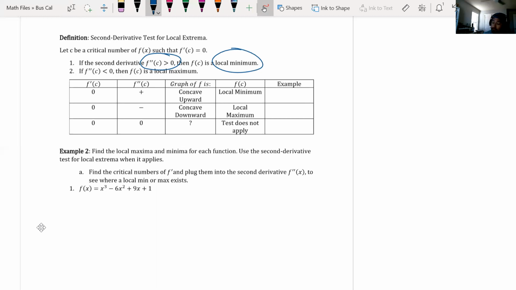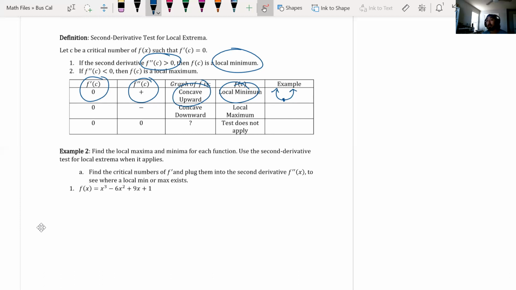To find a critical number, you set the derivative equal to 0, then plug that critical number into the second derivative. If the second derivative is positive, your graph is concave up, which means you will have a local minimum. Remember that concave up looks like this, and the point will be a local minimum.